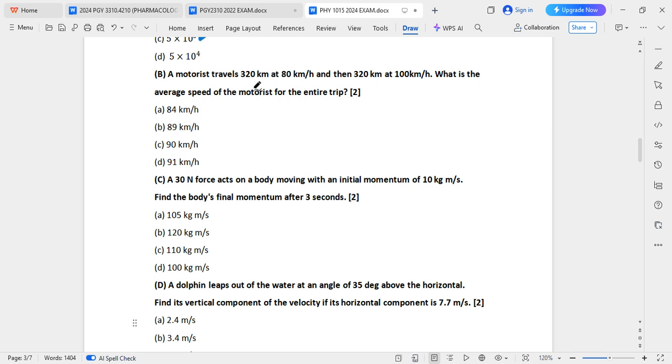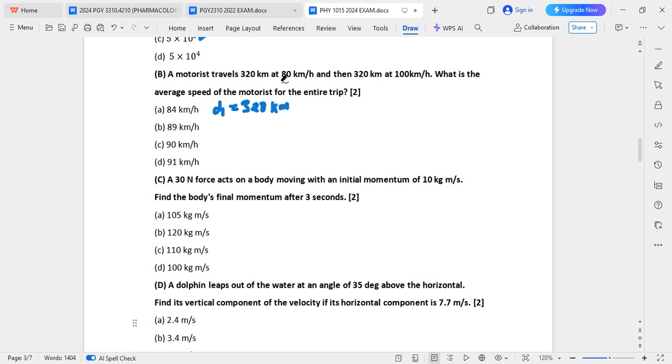So the first thing is, I want to find the time in which this is happening. If you see the first distance, we can call the first distance d1 that was covered, 320 kilometers.